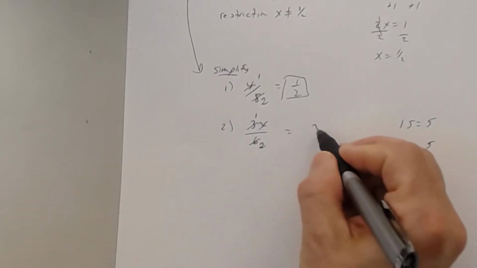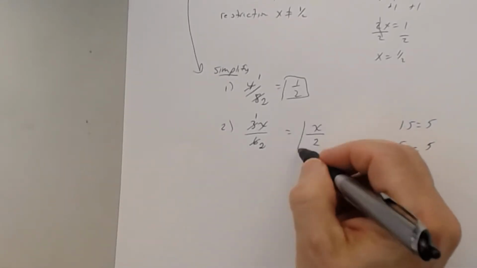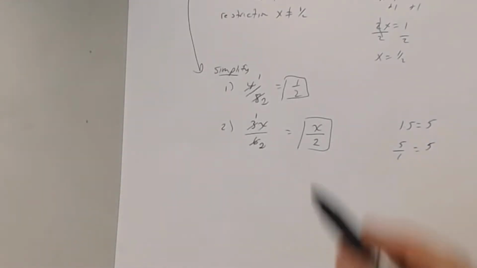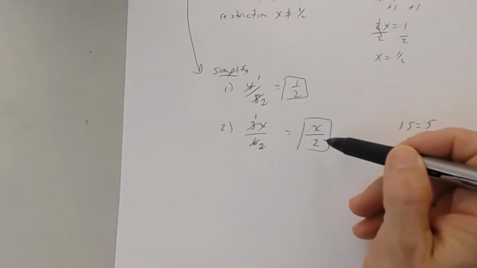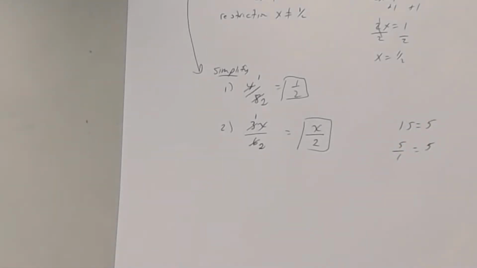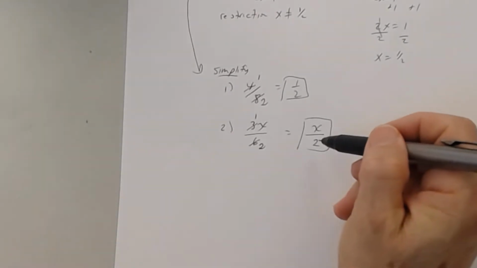X. So you're going to say x divided by, and then what's the denominator? 2. So that's how you're going to write the answer. You're going to write it back as a rational expression. So you have a numerator and you have a what? Denominator. So in my numerator is the factor x, and in my denominator is the factor 2. So don't say 1 times x, just say what? X.